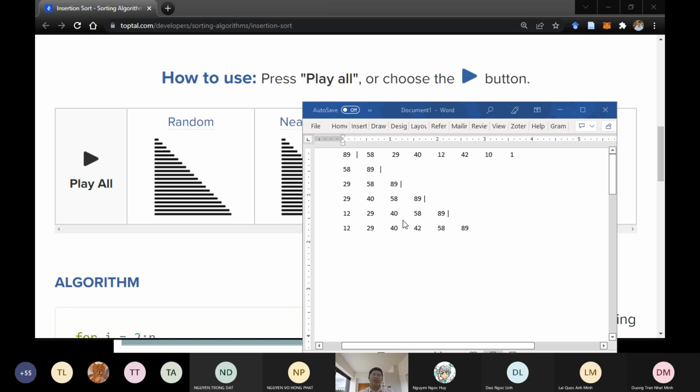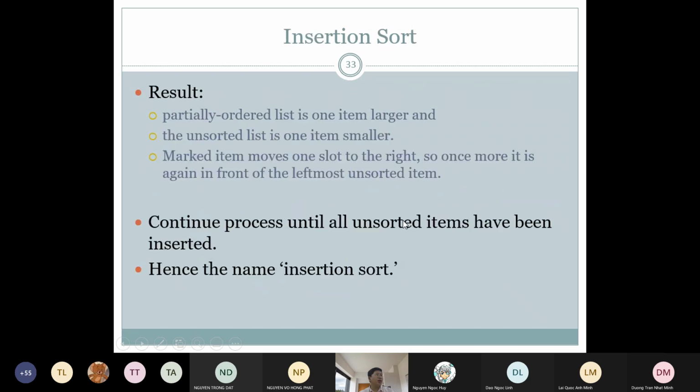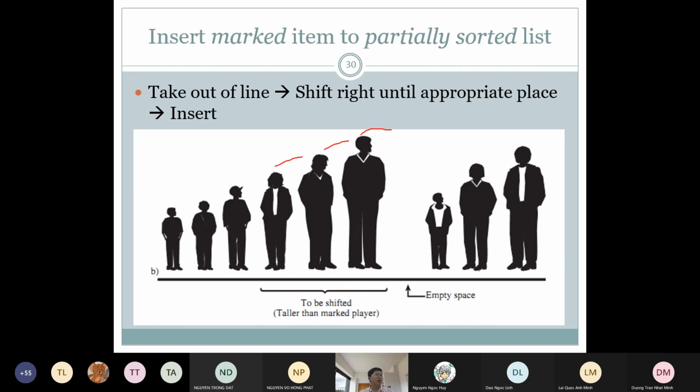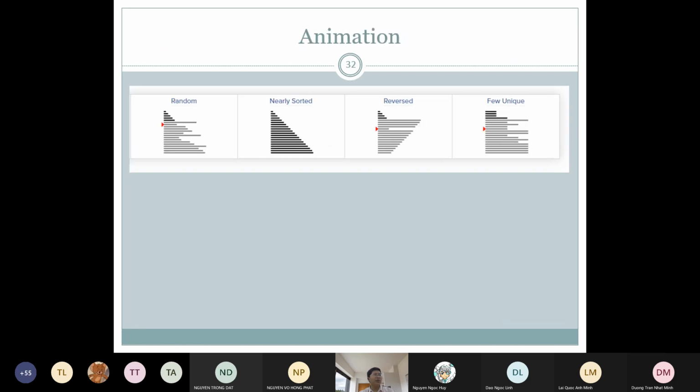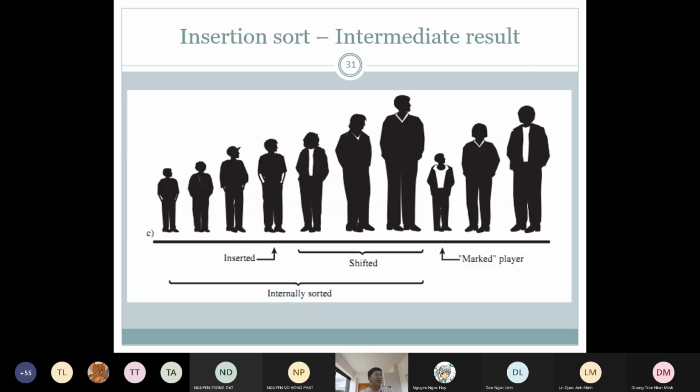So you got the idea for the algorithm. Now I want you to do it manually first. I will give you some numbers, and let's try to do it manually before we do the real algorithm.